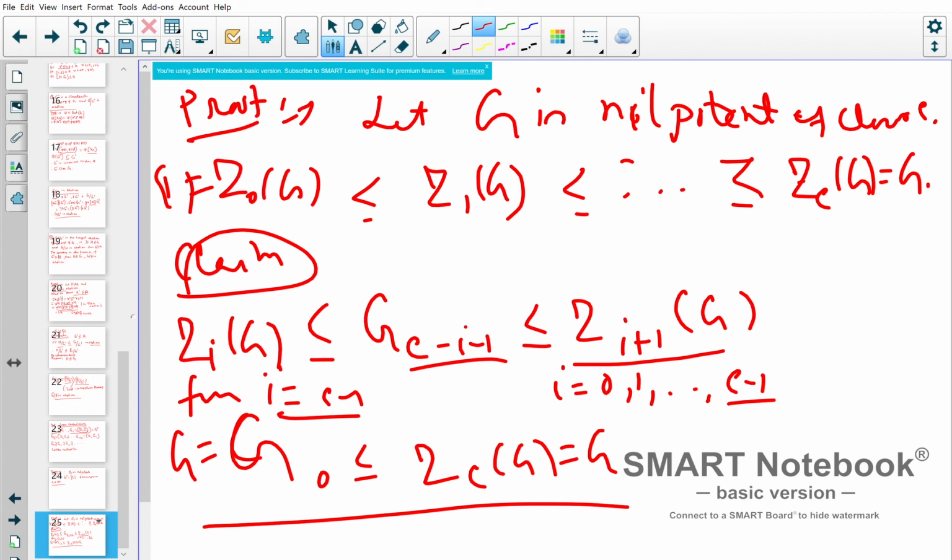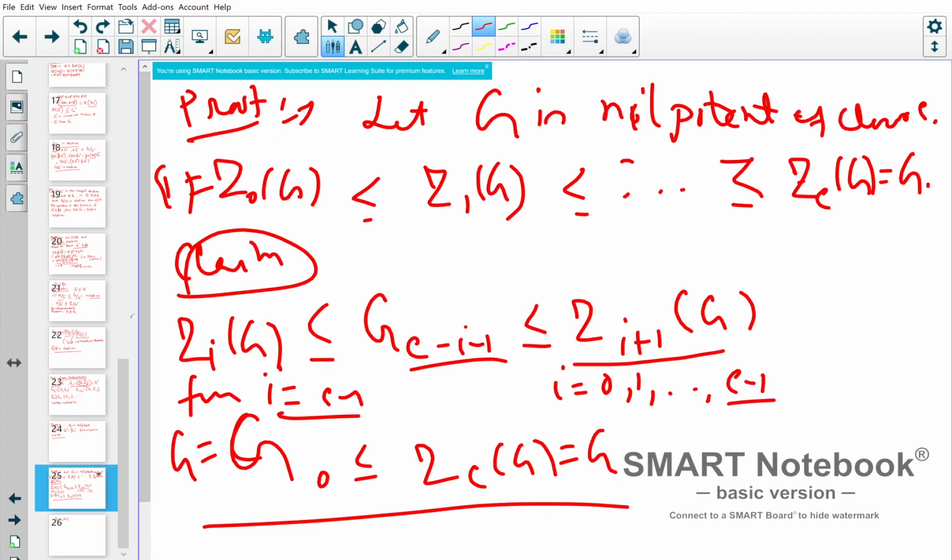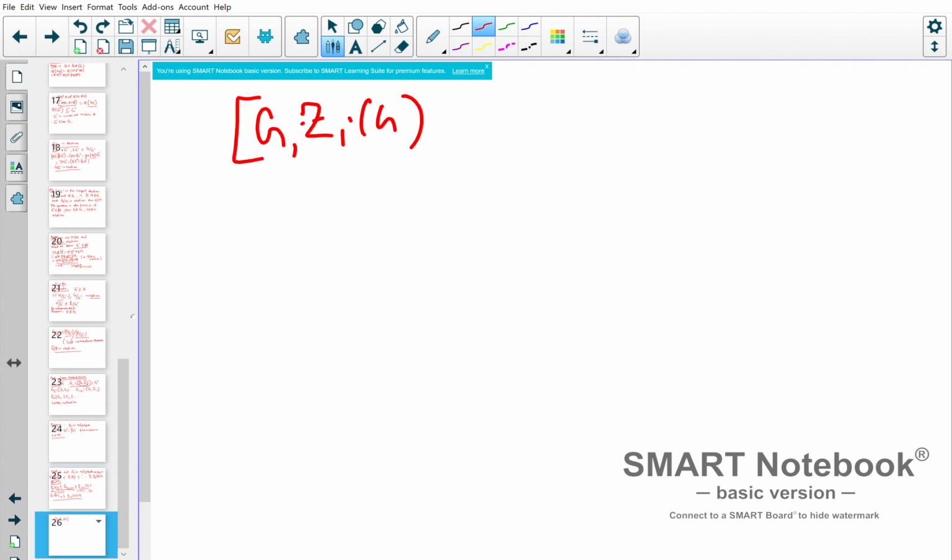So in general, you take the commutator subgroup of G with Zi of G. Let me assume that this is true for i equal to K, and then I need to prove it for K plus 1. So for K, what happened?